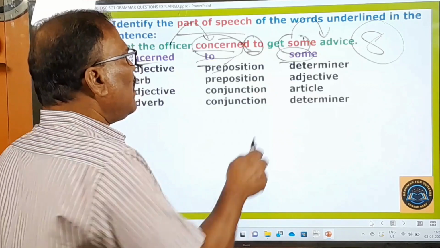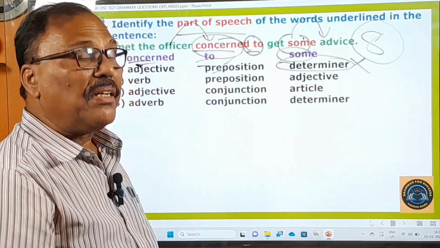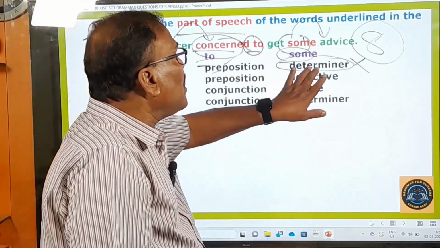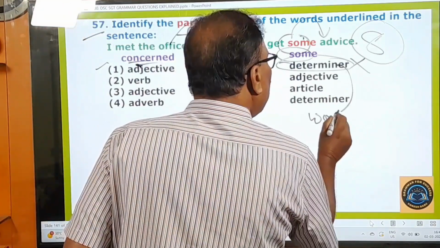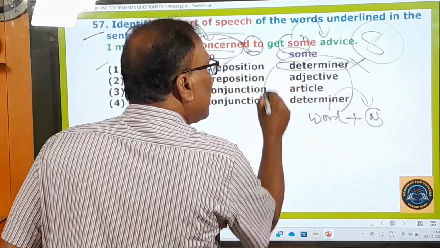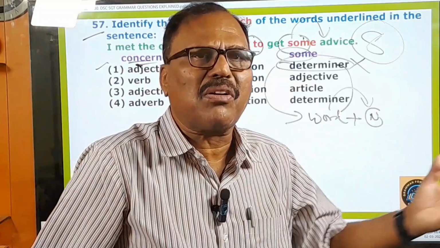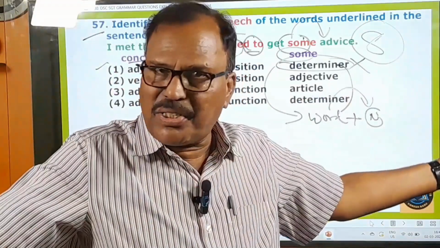And this determiner is not a part of speech at all. But nowadays, some grammarians are trying to include these determiners. A determiner is a word which describes a noun. But any word that describes a noun is called an adjective.